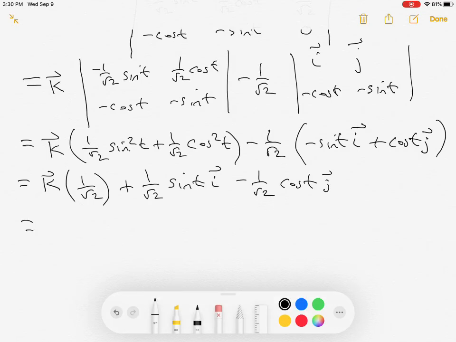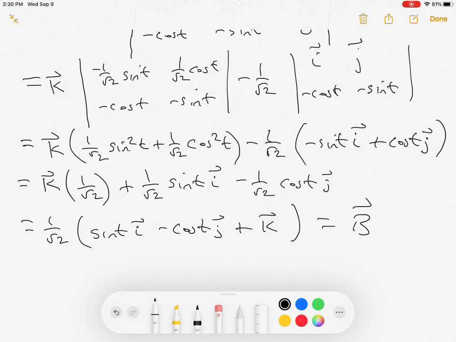I'm going to rewrite this in order. This is 1 over root 2 sine t i minus cosine t j plus k. And that's our B vector.